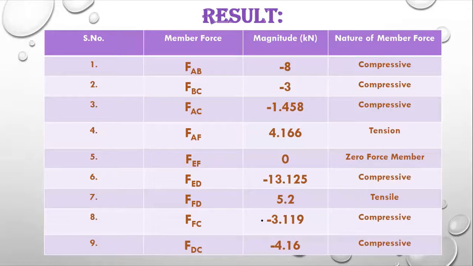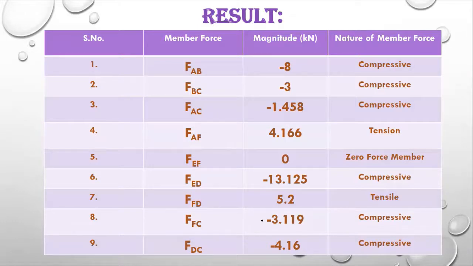And the nature of the member forces: the first one is compressive, the second one is also compressive, then tensile, or you can say the member forces in tension. Both are correct. It's not a big issue. And if you have a zero value, it is a zero force member. Then compressive, tensile, compressive.